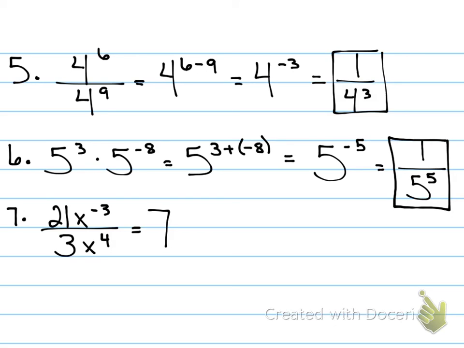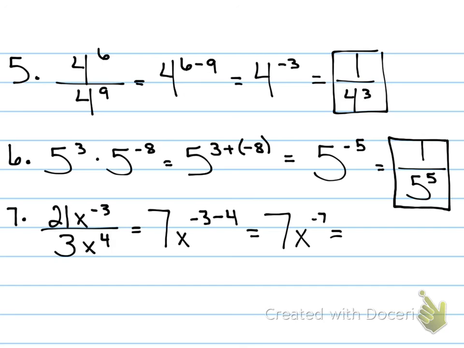So now, and guys, again, please show this step for your sake, because it will help you not make a silly mistake on your quiz. 7x to the negative third minus 4. What's it going to be? Negative 7x to the negative 7th. But I've got to write my answer using only positive exponents.